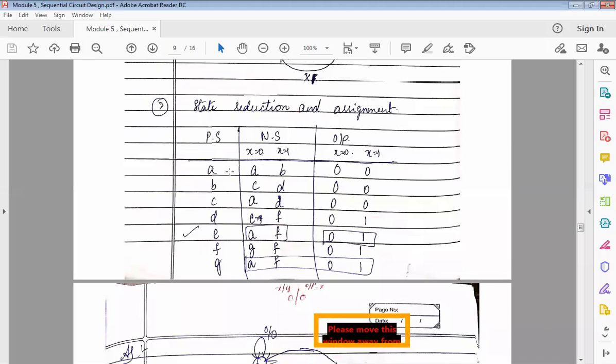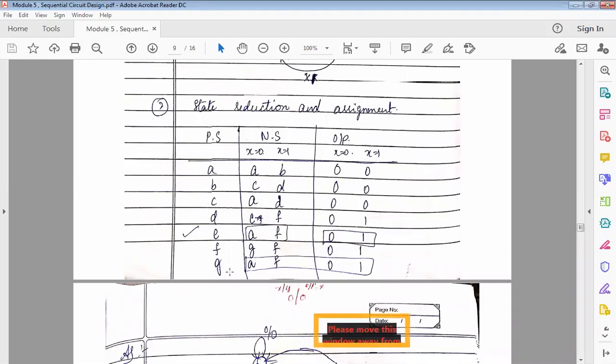Fine. So let's take it here in order: A, B, C, D, E, F, G, right? In the next state I have some values, and in the output also I have some values. Now let us deeply see what is happening. If you consider state E in the present state, the next state is AF, and the output is also 0, 1.